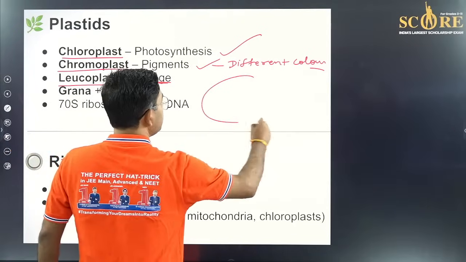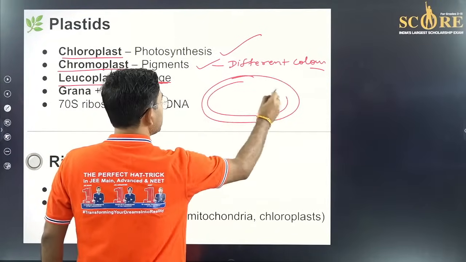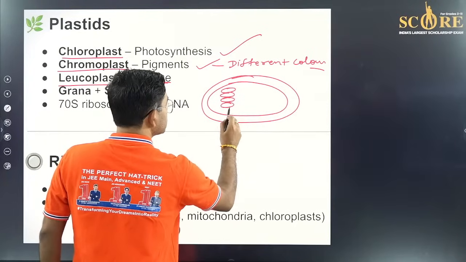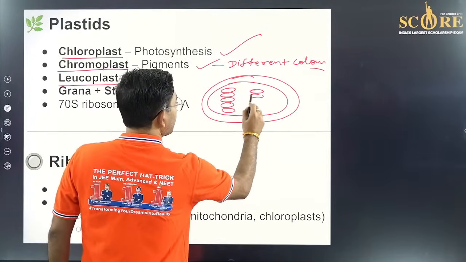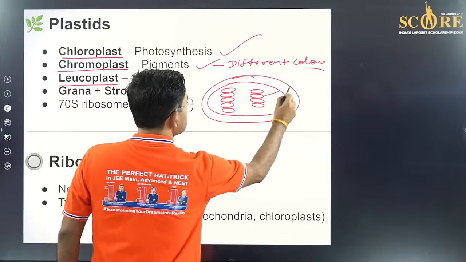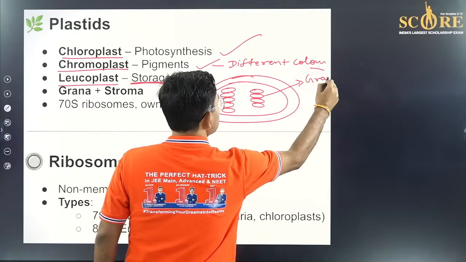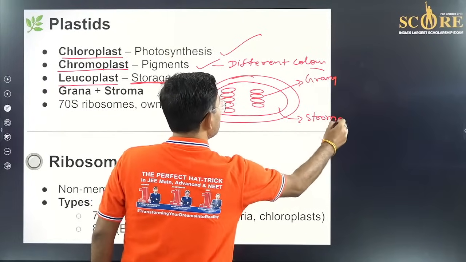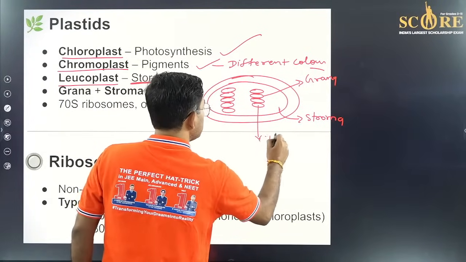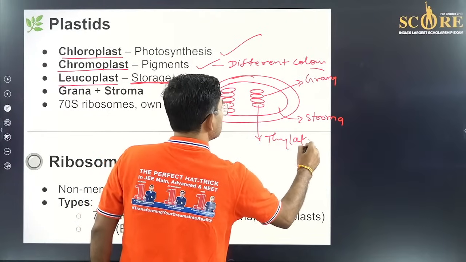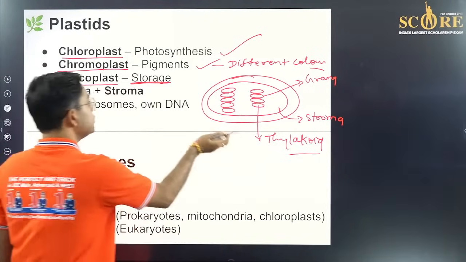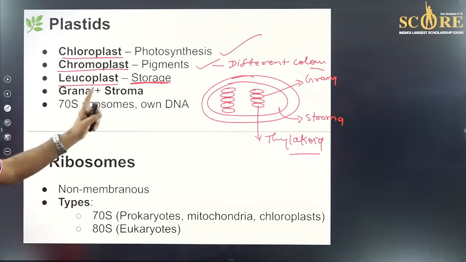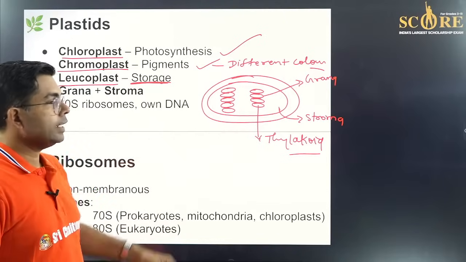This is also double membranous structure. Outer membrane, inner membrane, and inside is this stacked structure. This stacked structure is called grana, and this part is called the stroma. Grana has unit called thylakoid, right? So these both, this and mitochondria, are double membranous structure, and their matrix was present, here stroma is present.